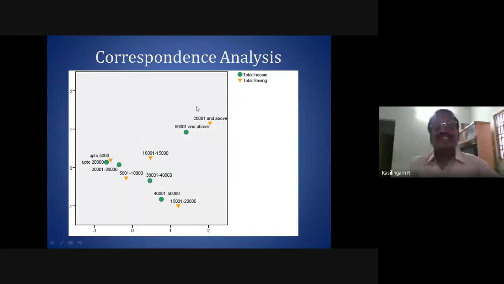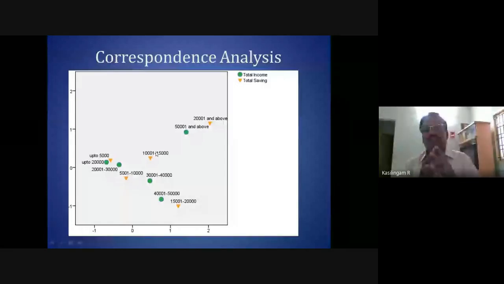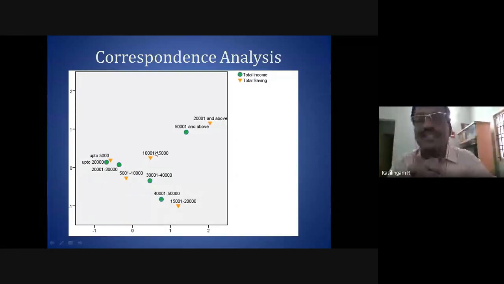So now this 5 to 50,000 and about 20,000, right? Like this, we can say these two are associated. But you have to tell when they are very close. Then they are very closely associated.